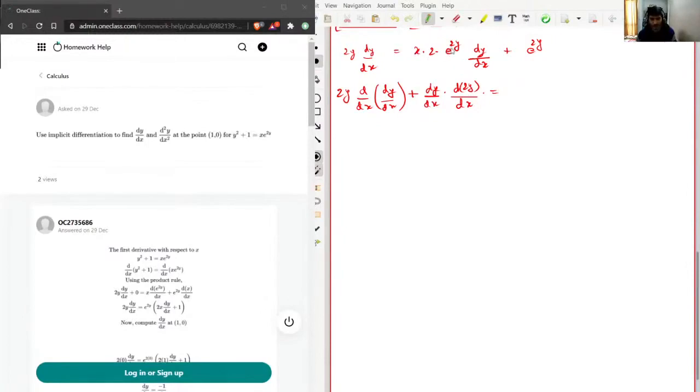Here also we are going to use the chain rule, but here we have three functions. Let's say the first one is x, then we have e power 2y, and then the third one is dy by dx. So I'll differentiate the first one, and it is better to keep 2 outside the differentiation.